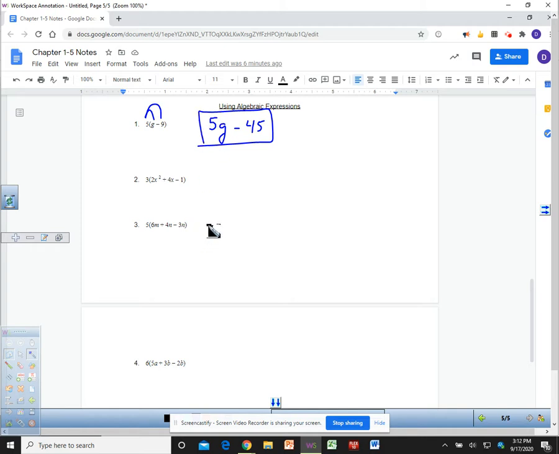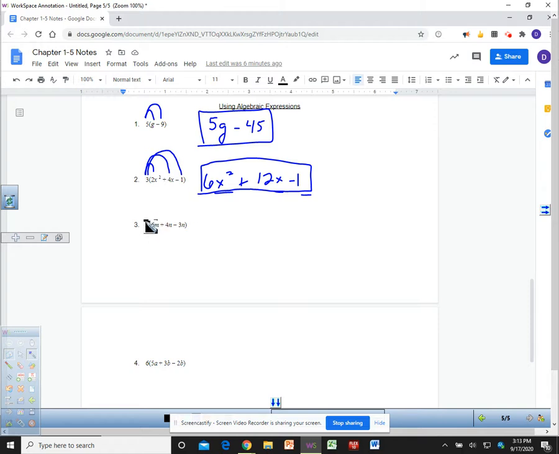I'm done. Okay, same thing on the next one. 3 times 2x squared is 6x squared, because I can't do anything with those letters, plus 12x minus 1. And I can't combine anything because this has an x squared, this has an x, and this has nothing. So this right here would be my answer.